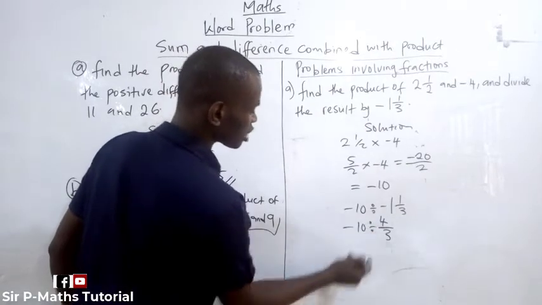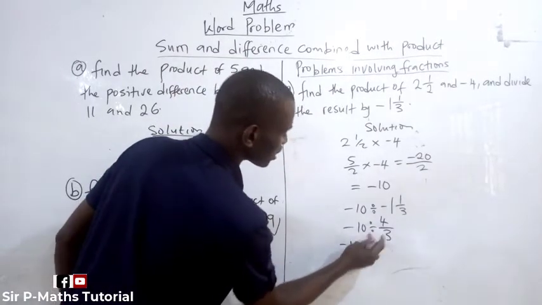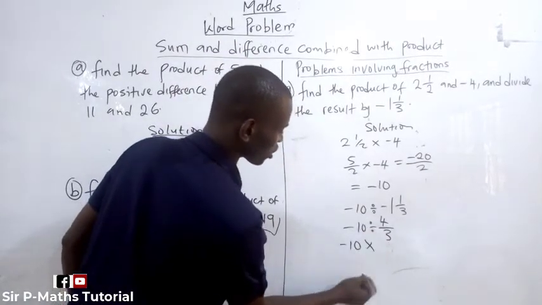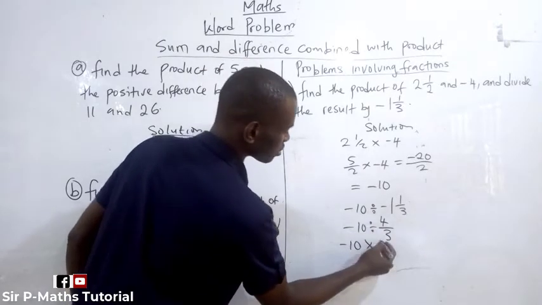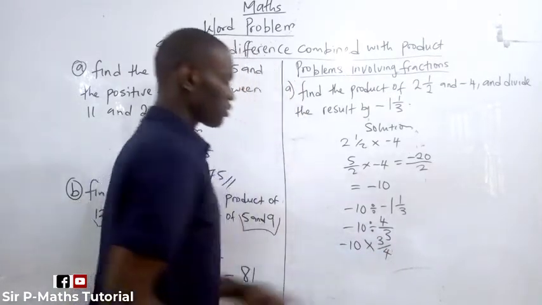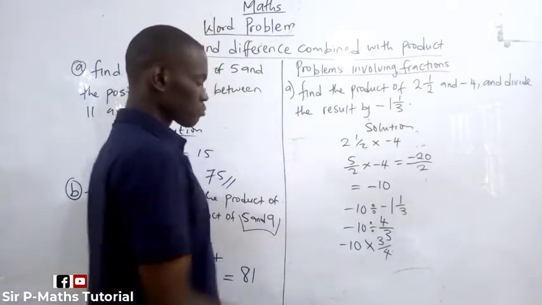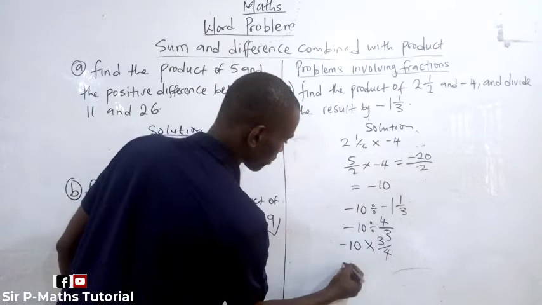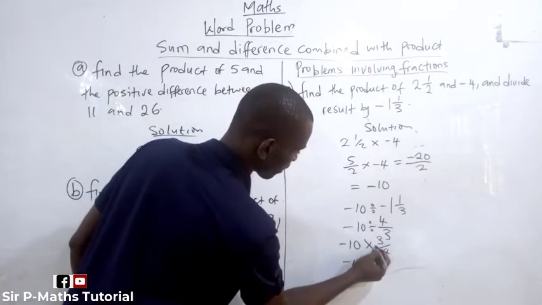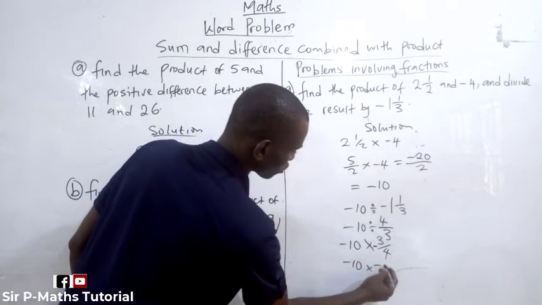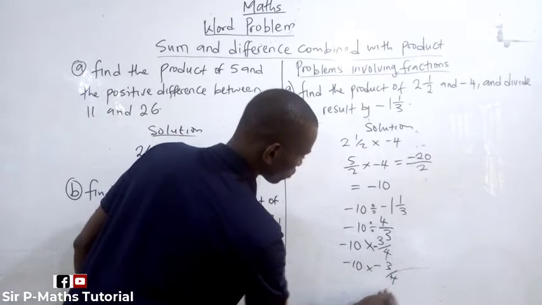In order to divide this problem, I'll simply change this division into multiplication and invert the fraction. 3 goes up and 4 comes down. So I'll multiply minus 10 times, we have negative here, times minus 3 over 4.